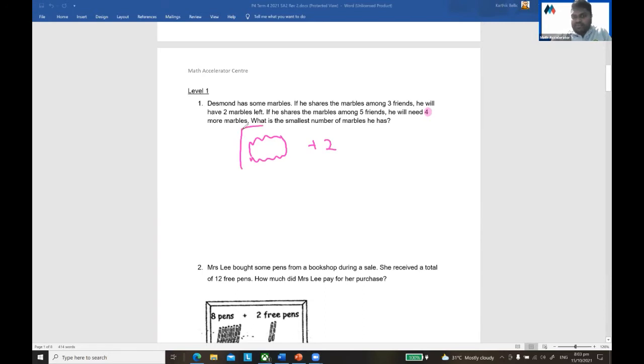So this whole thing here is the total marbles. Look at this portion here where he shared among his 3 friends. If he can share among his 3 friends just nice, don't you think that this number here is a multiple of 3?